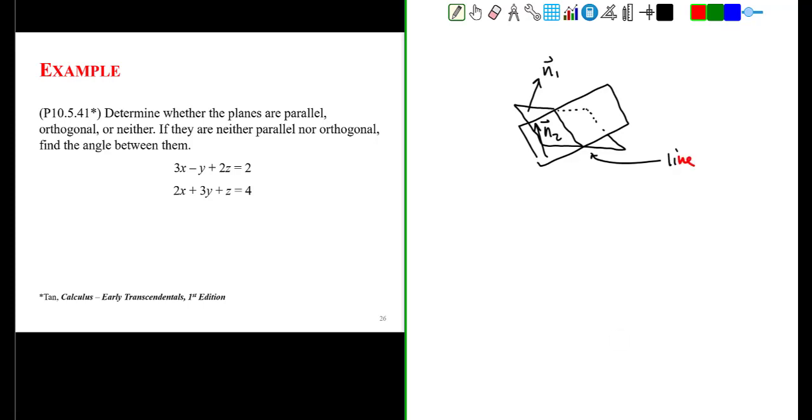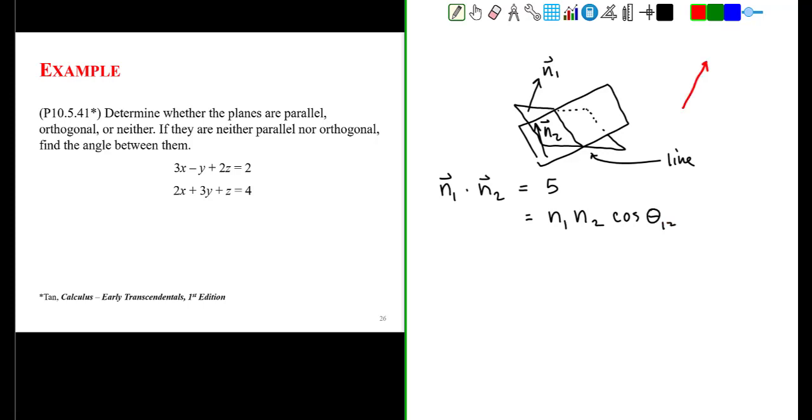To find the angle between these two planes, we could use the dot product for that. We could also use the cross product if we wanted to. Since we've evaluated the dot product, let's use that. The dot product between these two normal vectors is equal to 5. But remember, a dot product is defined as the product of the magnitudes of two vectors times the cosine of the angle between those two vectors.